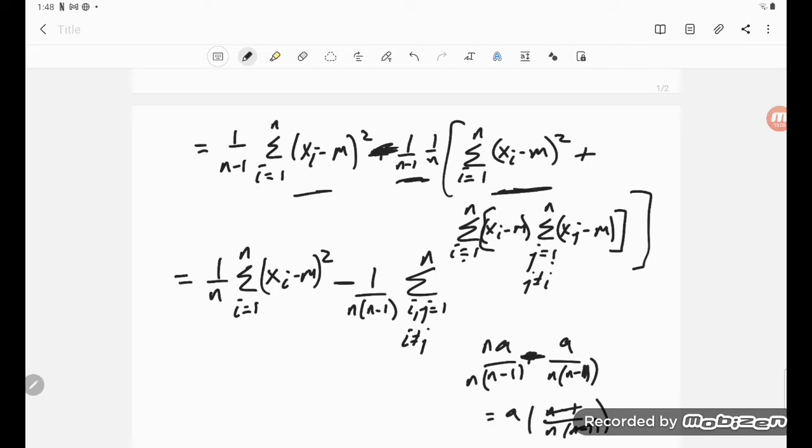Okay, we're going to skip those. And then they put together the xi minus m times the xj minus m.